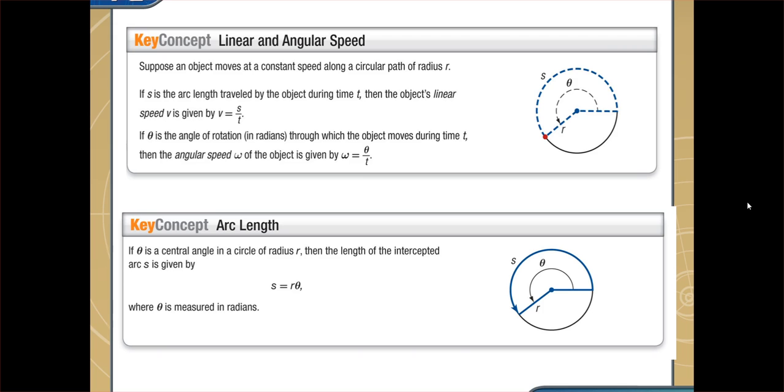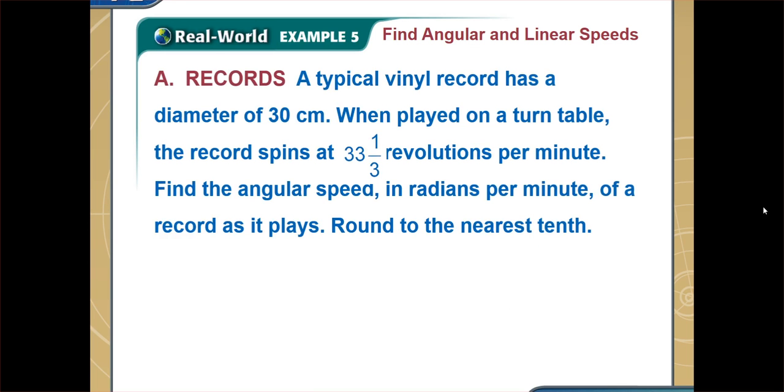So let's begin with the example. A typical vinyl record has a diameter of 30 centimeters. So again, this is the diameter, so you have to find the radius from here. When placed on a turntable, the record spins at 33 1/3 revolutions per minute.